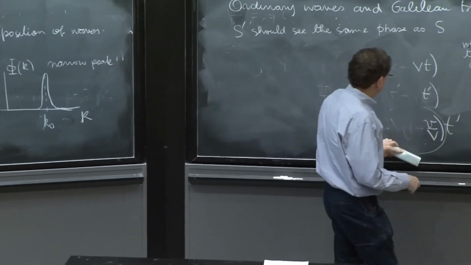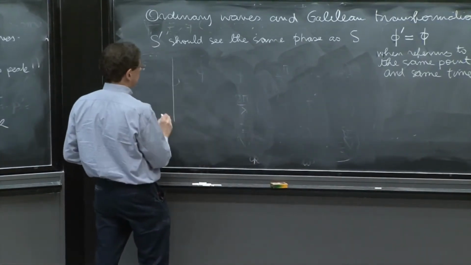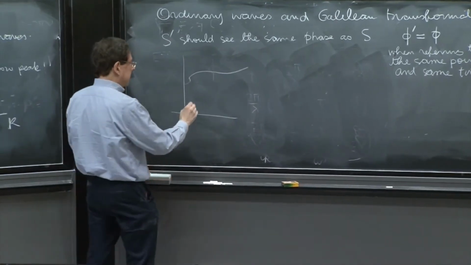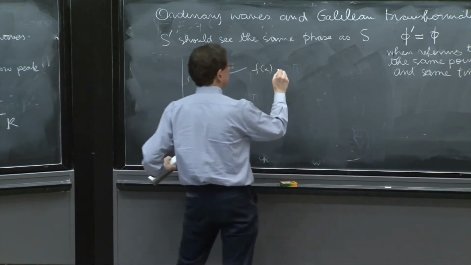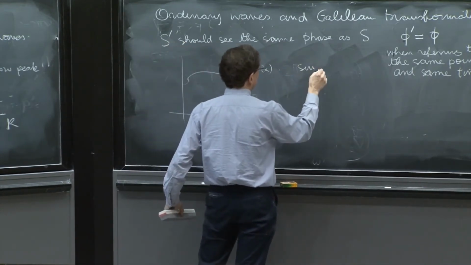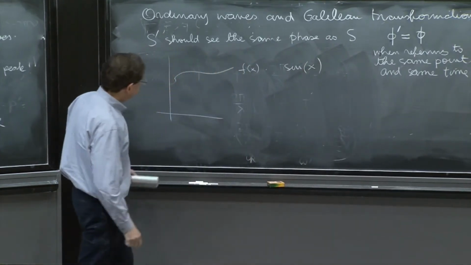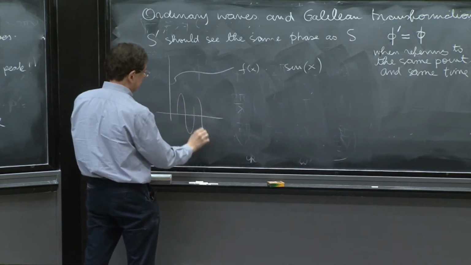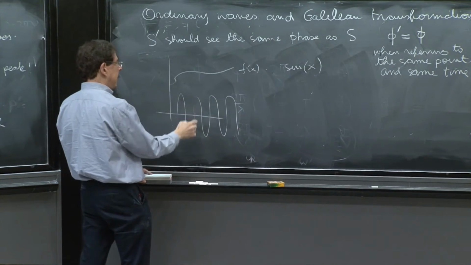If you're integrating a function f of x multiplied by maybe sine of x, well, you have f of x times sine of x. Sine is half the times positive, half the times negative.